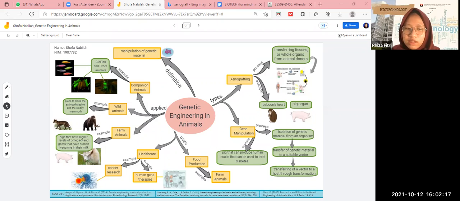So in your mind map, why is the use for food production allowed? Is the regulation different between countries, or can we just go against the rules? Because it is stated by the FDA itself. Thank you so much.